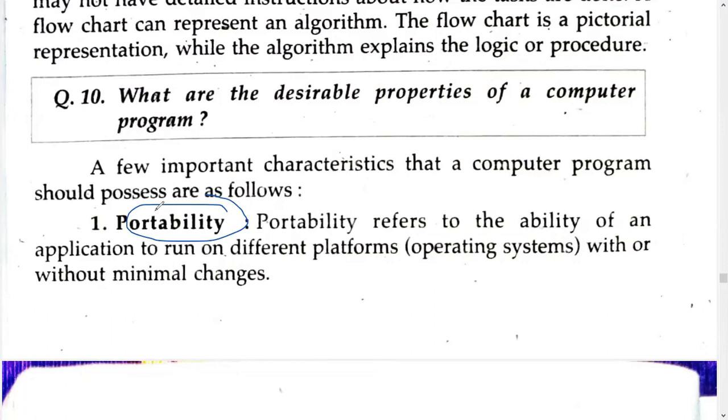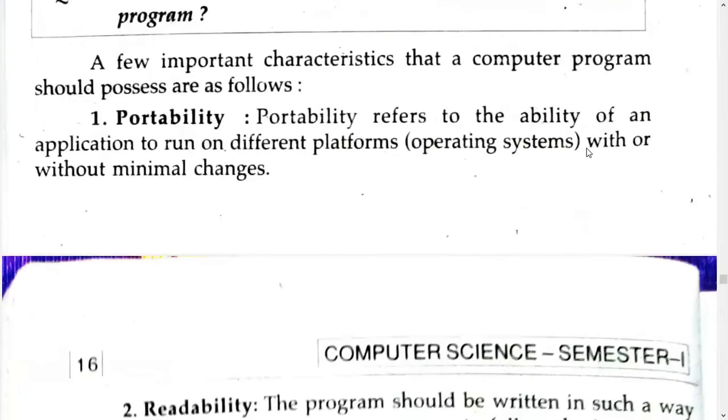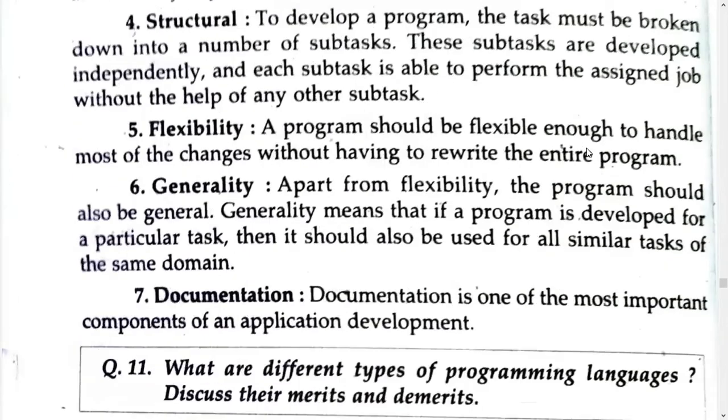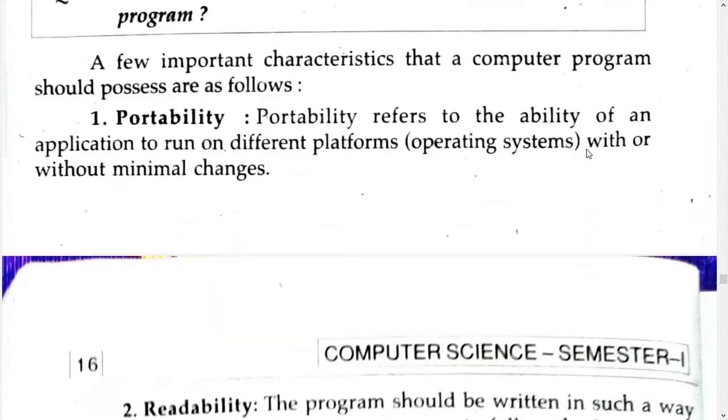Portability is a simple solution to avoid heavy burdens like lengthy processes. So portability refers to the ability of an application to run on different platforms with or without minimal changes. Even that portability is like the versatility where they can be executed in any platform.